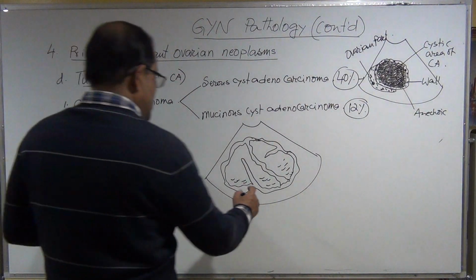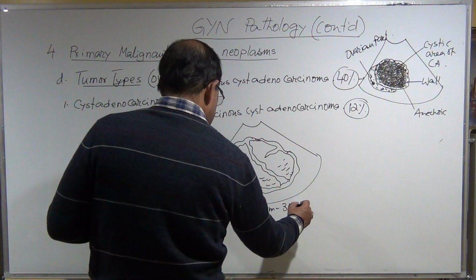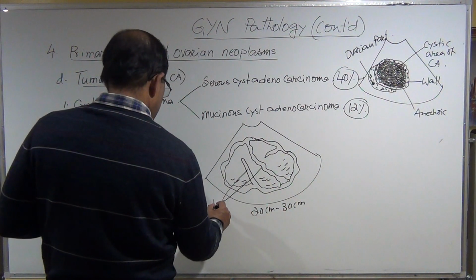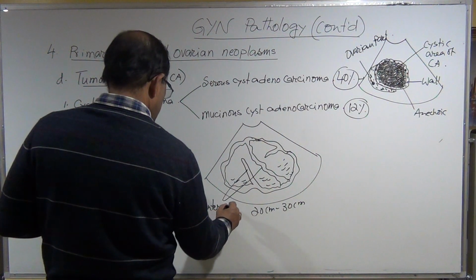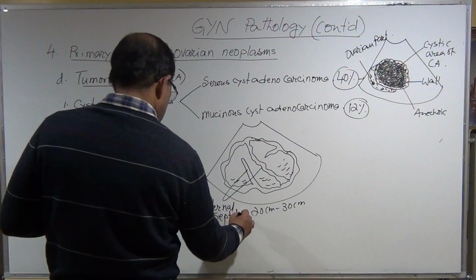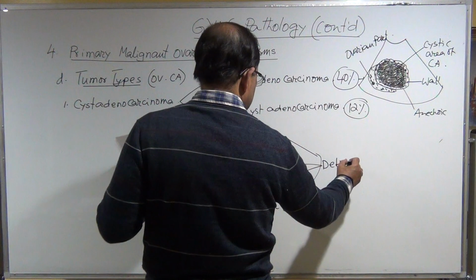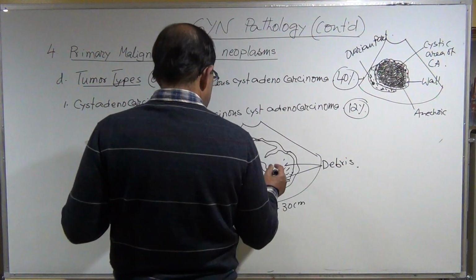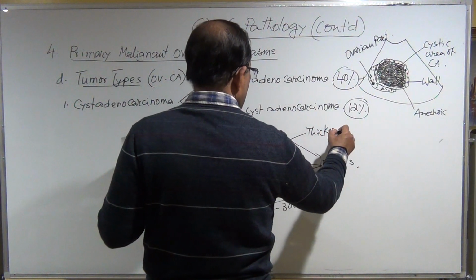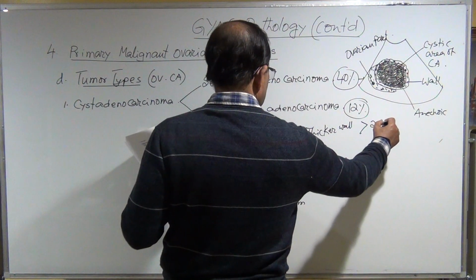It's such a big one. It could be 20 centimeter to 30 centimeter, and these are internal septation and the cellular debris, thicker wall, usually greater than 2 millimeter.